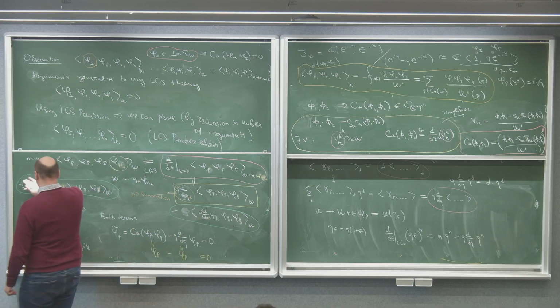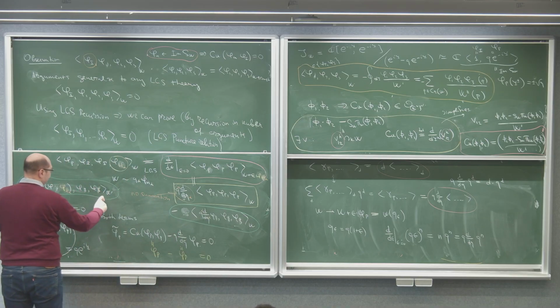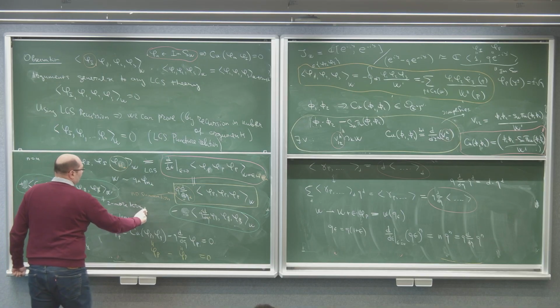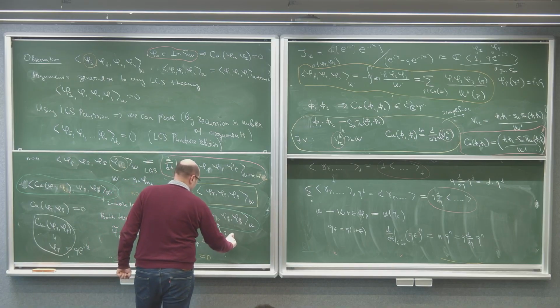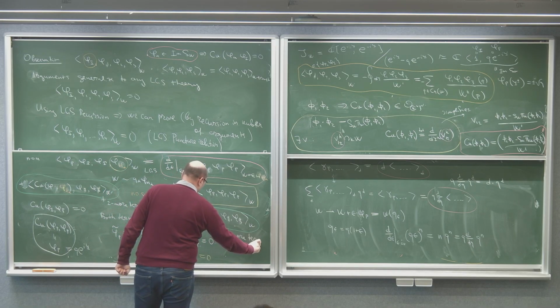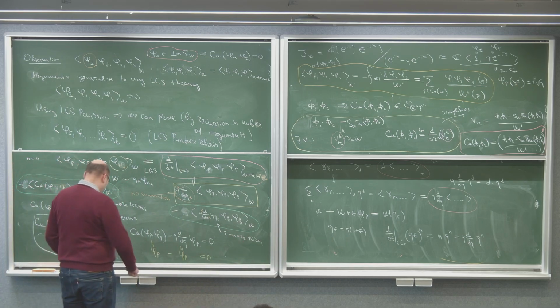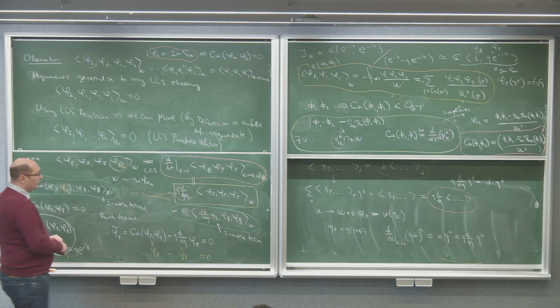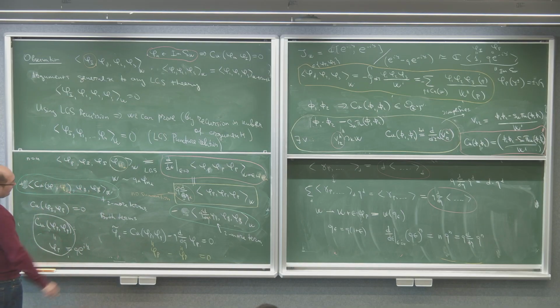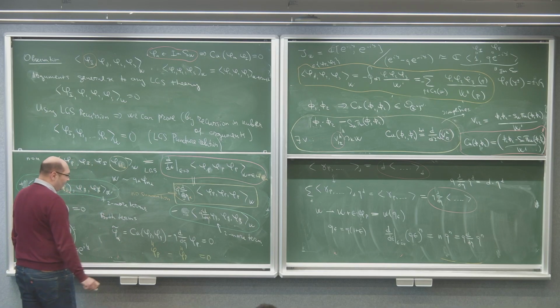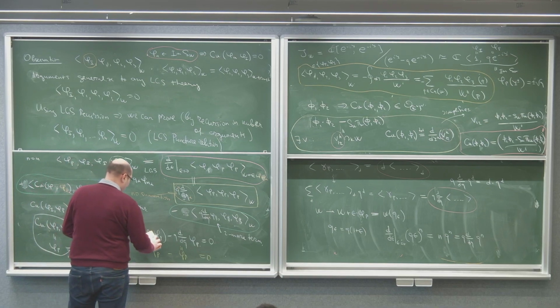Now it's not 2, it's 3 terms. And then what we end up with is a sum of 3-point functions with observables phi alpha tilde that are constructed in the following way.